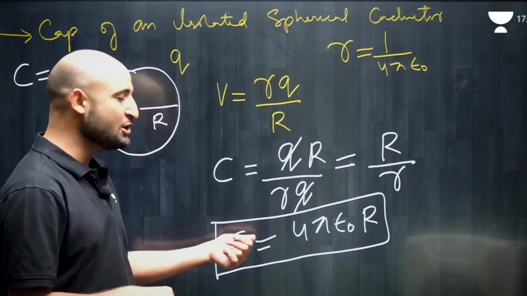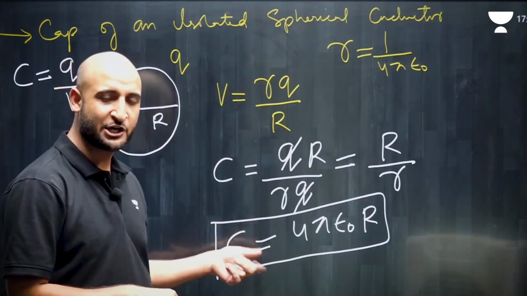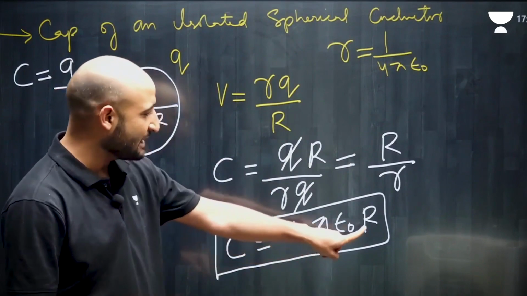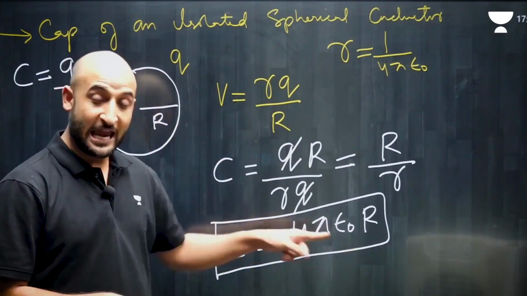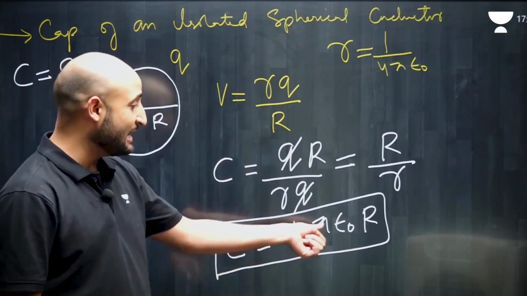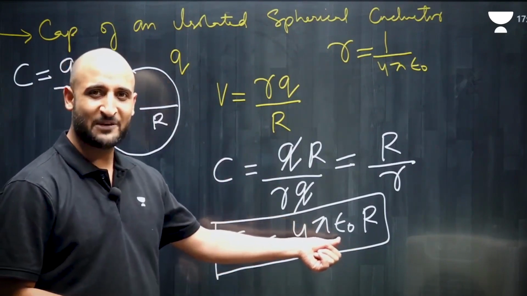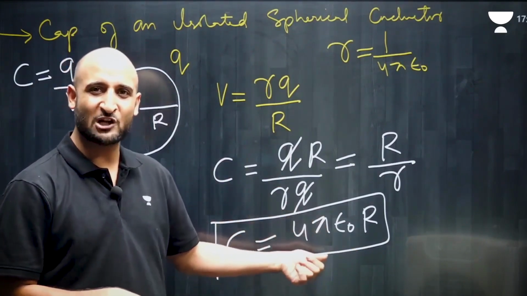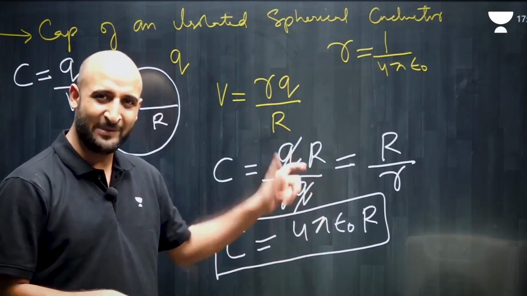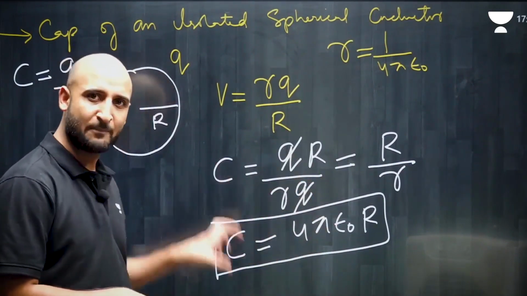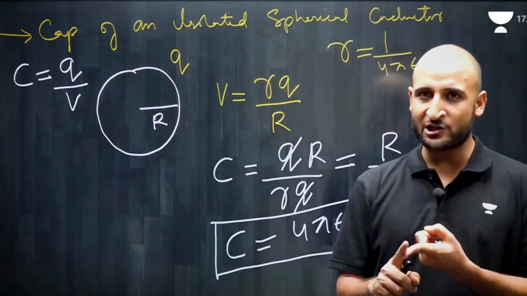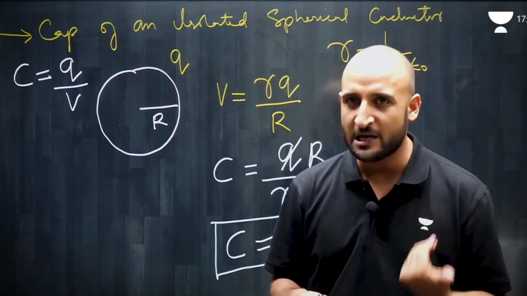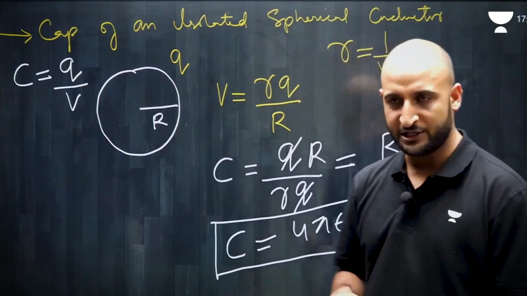The capacitance of this isolated spherical conductor depends on geometry, because you can find R here. It depends on the radius. That means it depends on geometry. It depends on medium as well, because there's epsilon naught here. If you change the medium, the value of epsilon will change. So the capacitance of a capacitor indeed depends on two things. One, it depends on the geometry, and two, it depends on what we call the medium. That was my example number one.